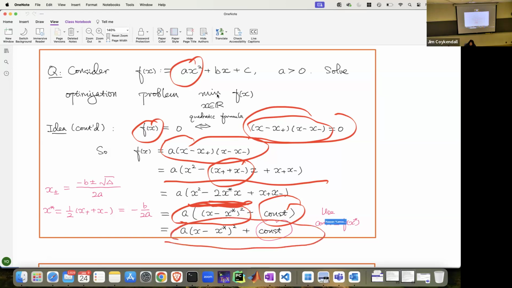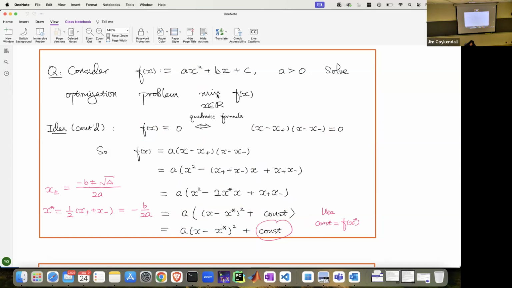The function I'm looking at this stage should probably look like the following format: a times x minus x star squared plus a constant. I don't know what that constant is. I don't want to compute it. Suppose I'm in an exam. I don't really want to compute it. I want to figure out an easy way for me to write down what that constant is.